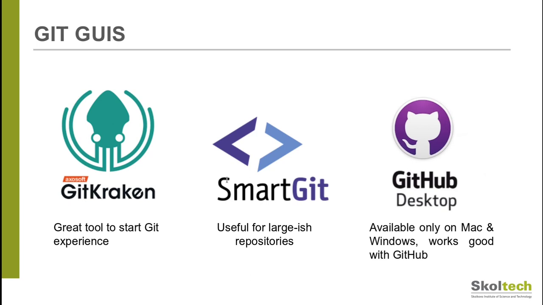GitKraken provides a simple user interface with project, graph, and interactive merging tool. You can navigate through commit history and do rebasing with drag and drop of your mouse. But it doesn't work well out of the box with large repositories with thousands of branches, like SmartGit does. SmartGit interface is more complex and harder to cope with.